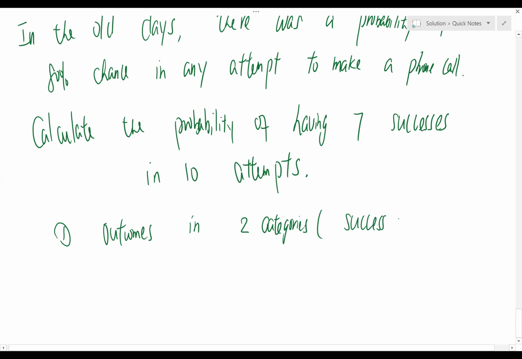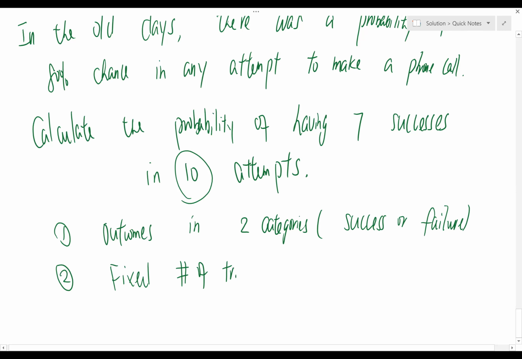The second one is a fixed number of trials, right? Here, remember, we only have 10 trials, 10 attempts, a fixed number of trials. In this case, n equals 10.